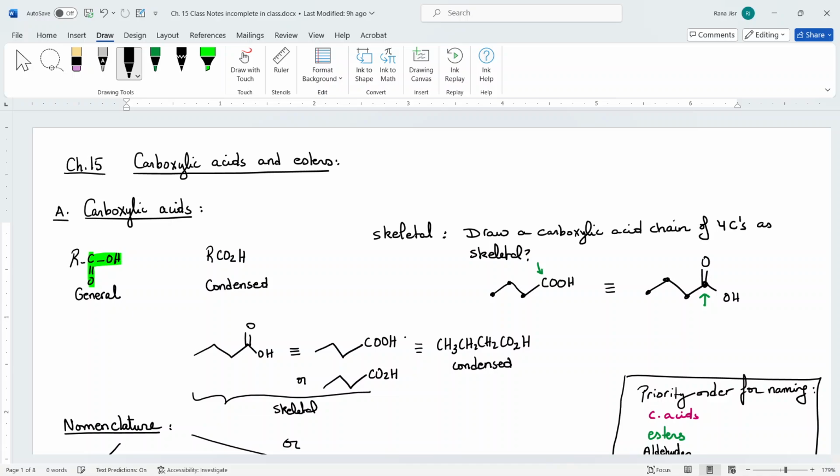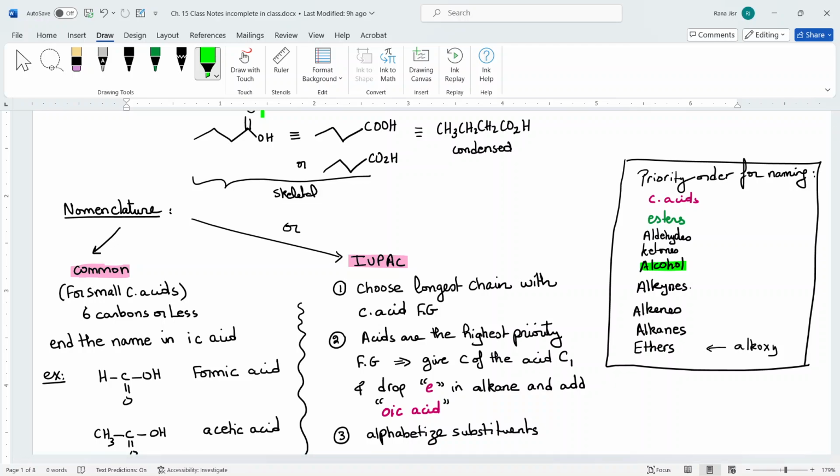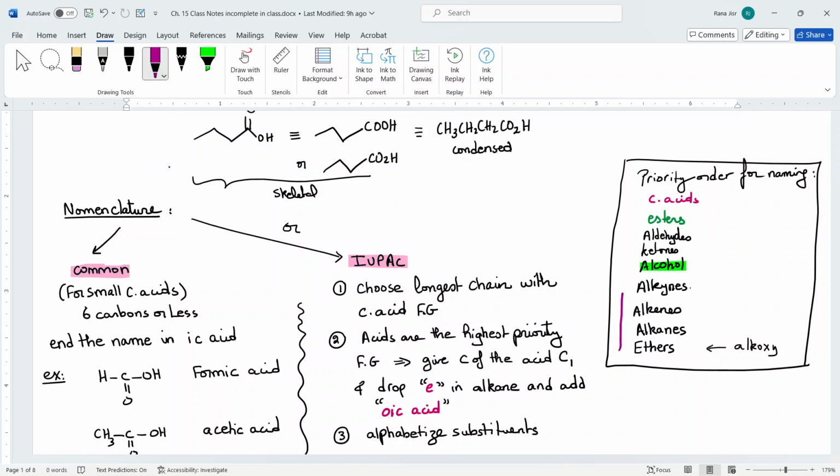Okay, so far when we were talking about naming of those functional groups, we've talked about alkenes, alkynes, these are hydrocarbons, alcohols. So I've listed the priority table. And that table, you can have it in the exam if you want. You can write it on a piece of paper and you can have it in the exam. So this is how the priority is.